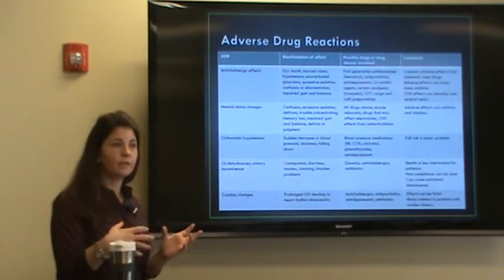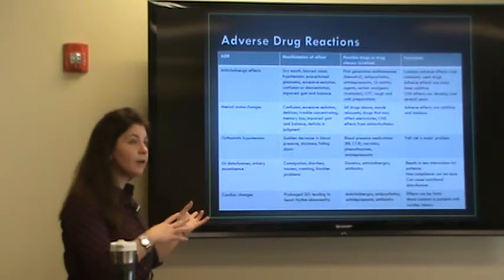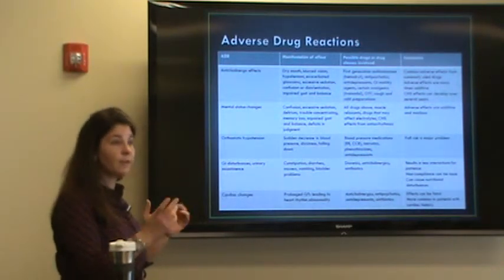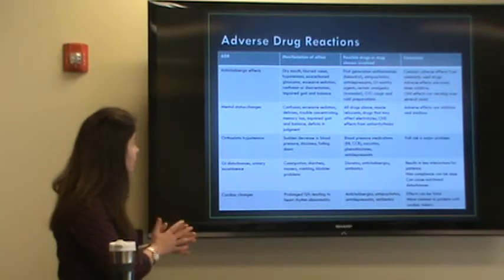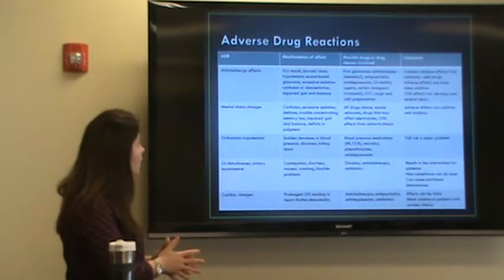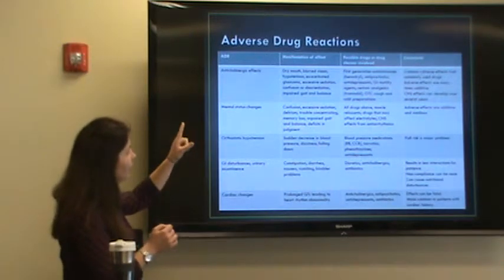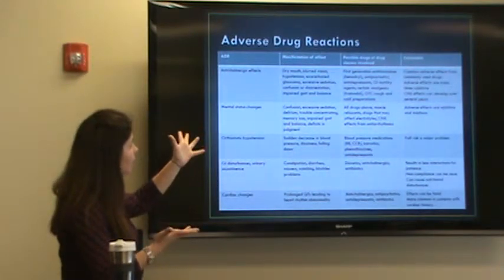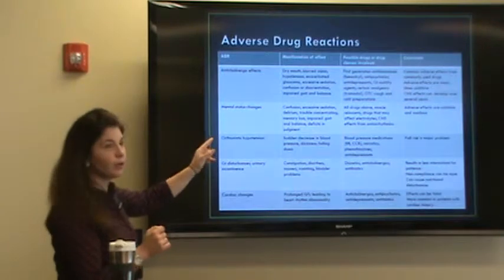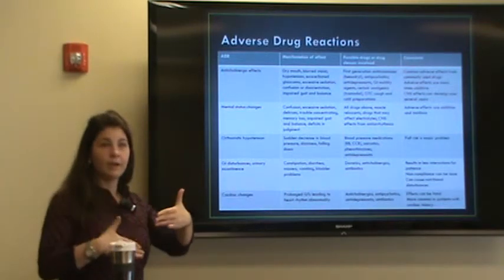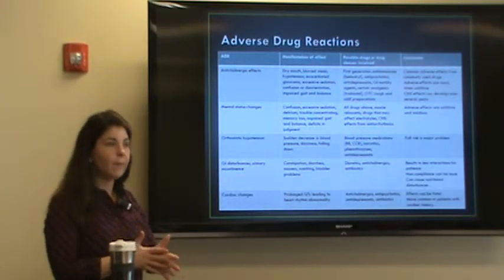It's causing confusion for different reasons, but it's still causing confusion and mental status changes. And all these effects are also additive. So if you have someone on Benadryl, and then you put them on Zoloft, and then you put them on Tramadol, these are all additive effects for the patients, okay?